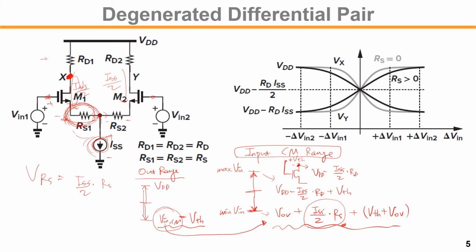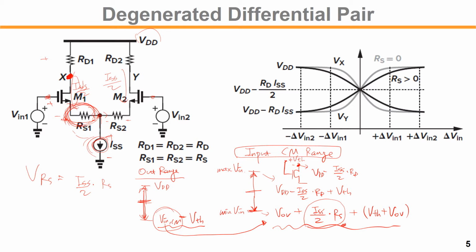So we have a limited output signal range. To maximize the signal range under a low supply voltage, it is important to minimize or eliminate such a voltage drop over RS.